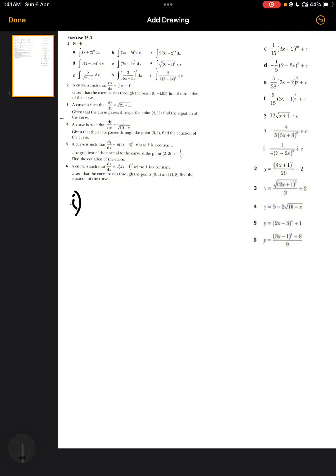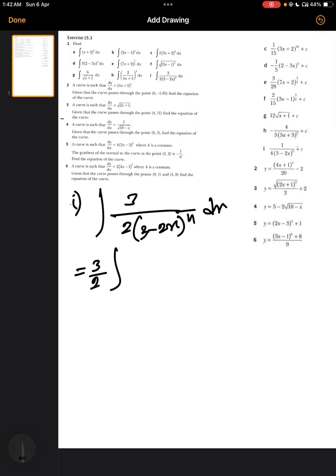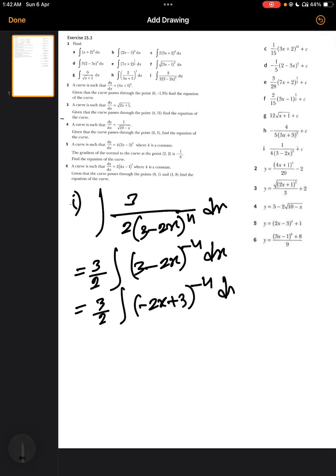Now question number I. The integration of 3 over 2 times 3 minus 2x to the power 4. Here is a dx. Okay. So 3 by 2 is a constant, so I can keep it away from the integration. So here is 3 minus 2x to the power minus 4 dx. See, question 8 was much harder than question I. 3 by 2, integration of minus 2x plus 3 to the power minus 4 dx.